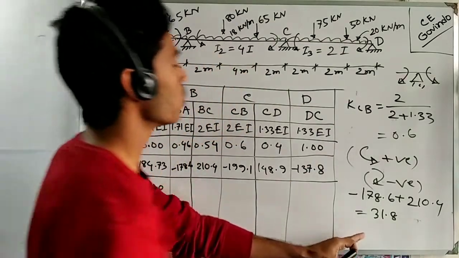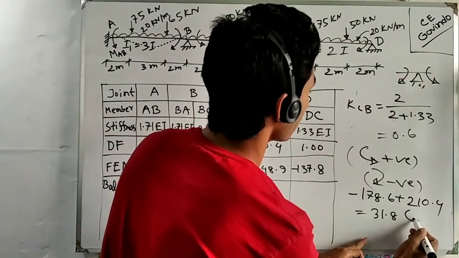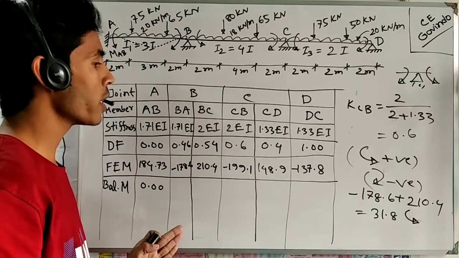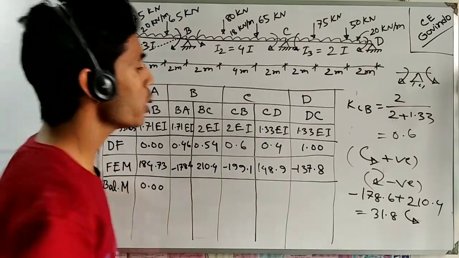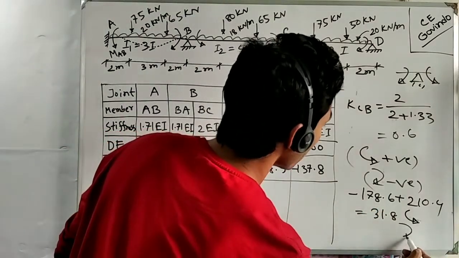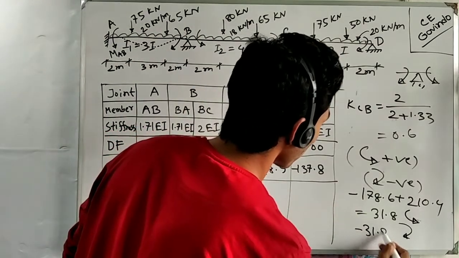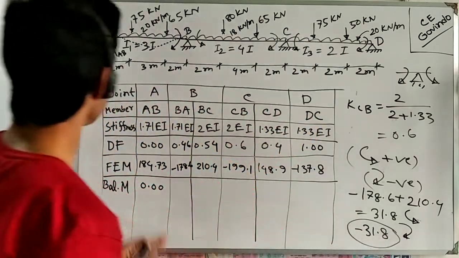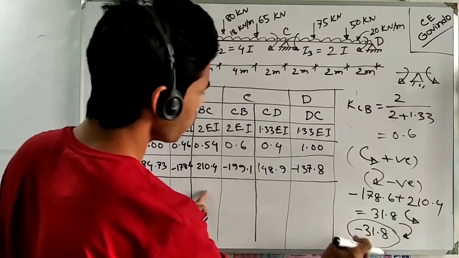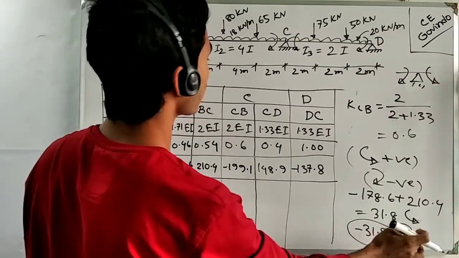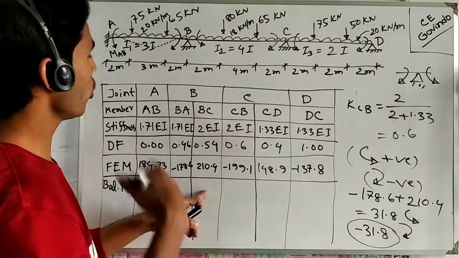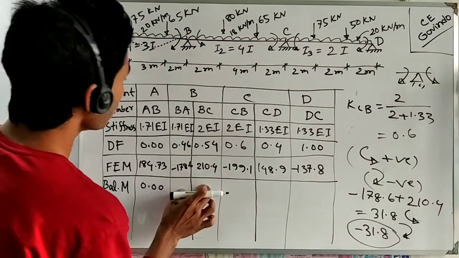We get a positive value, that is a clockwise moment. To balance this unbalanced moment, we need to apply a moment of the same magnitude in the opposite direction, that is minus 31.8 at this B joint, and this moment of minus 31.8 kilonewton meter will be distributed to these two members.